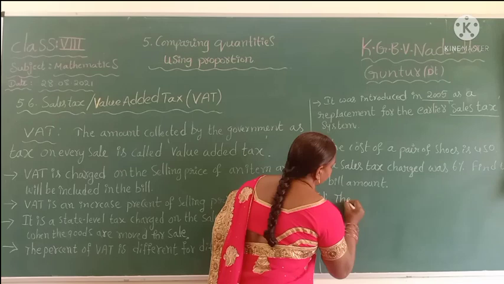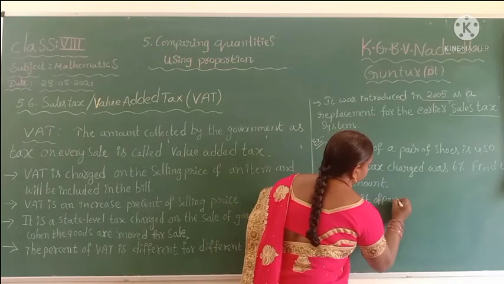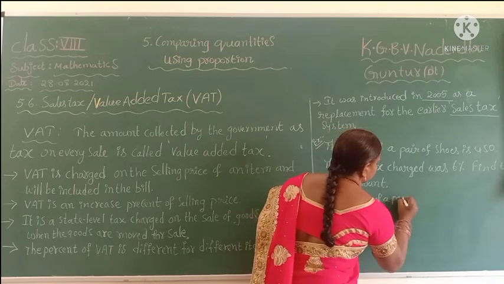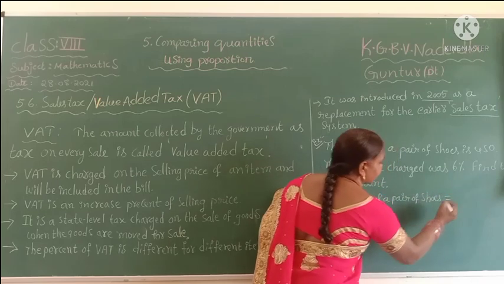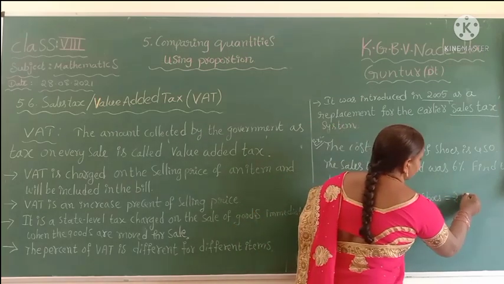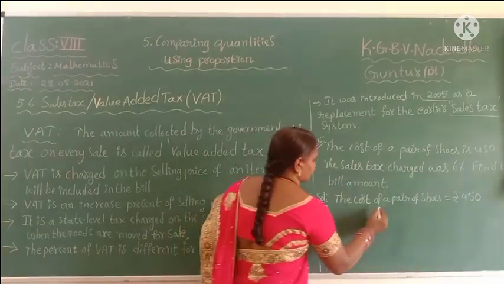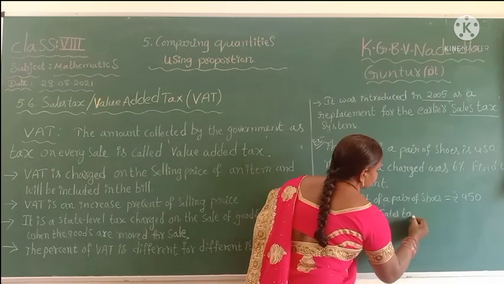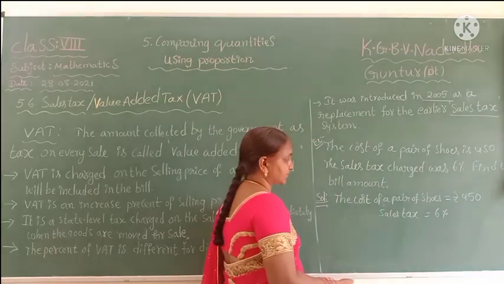The cost of a pair of shoes is equal to 450 rupees. Sales tax is equal to 6%.